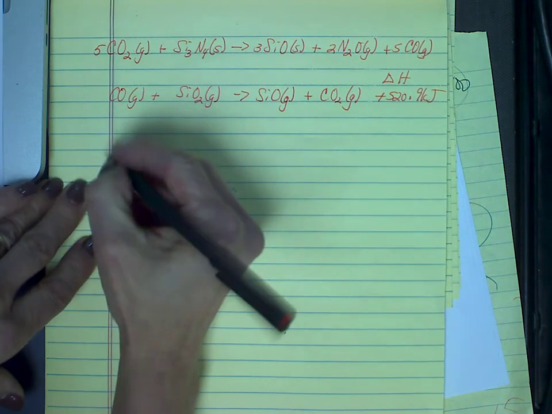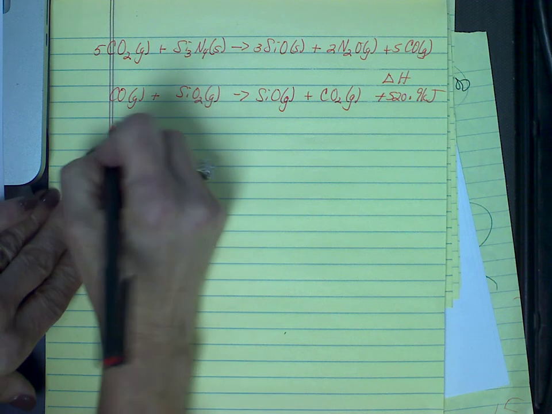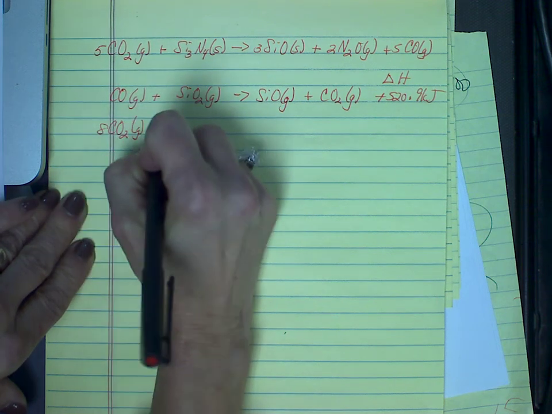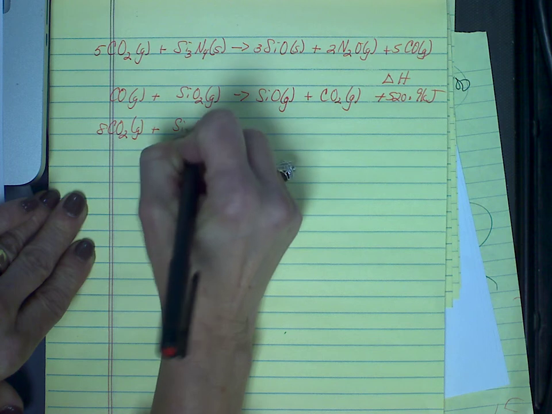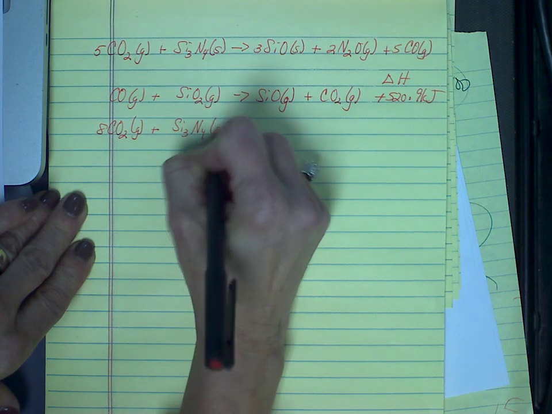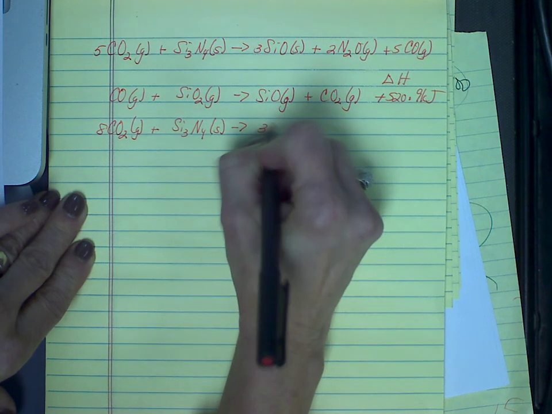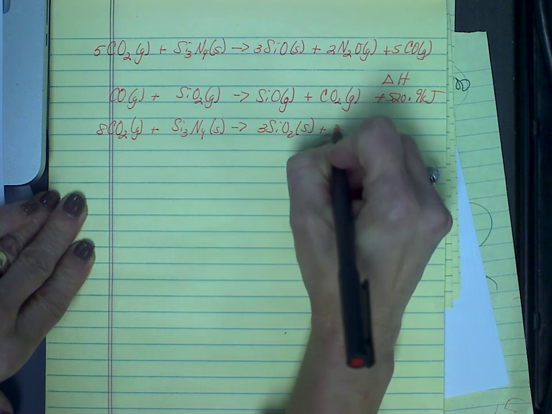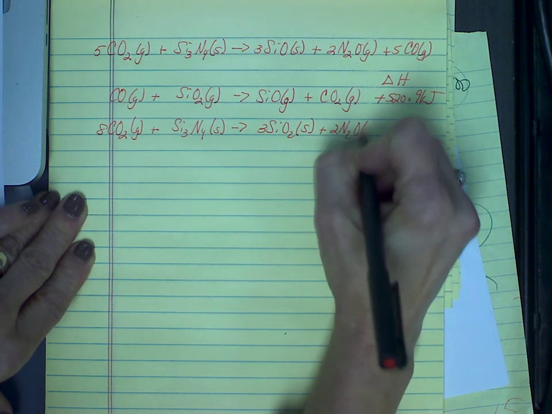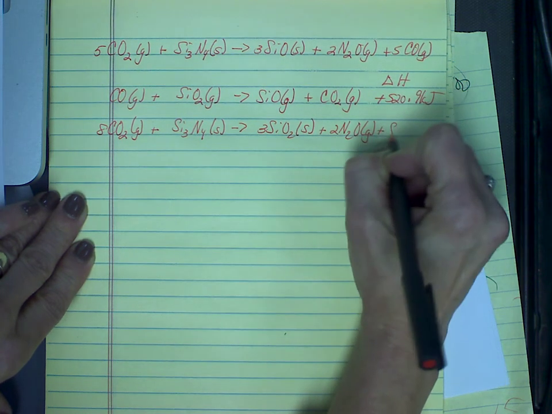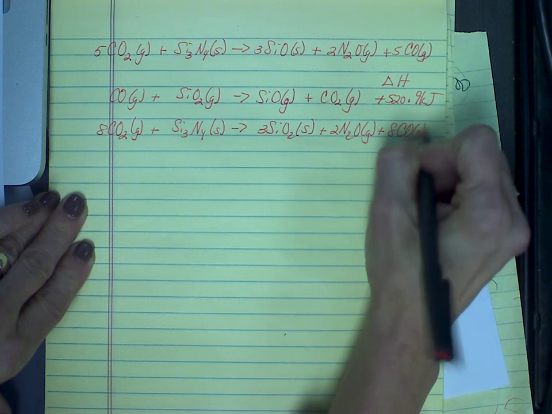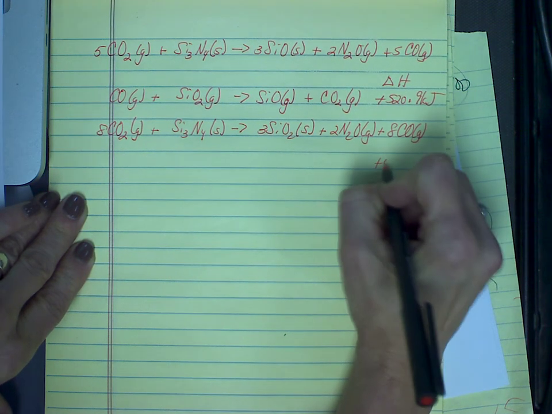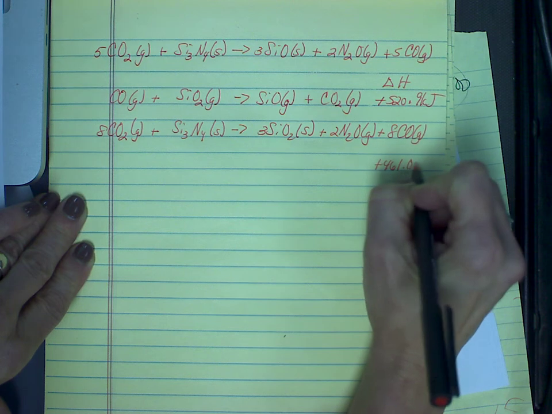And then the second one we're going to use is... and the change in enthalpy for this one is positive 461.05 kilojoules.